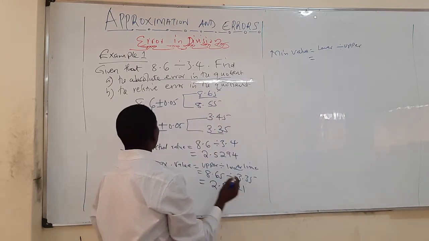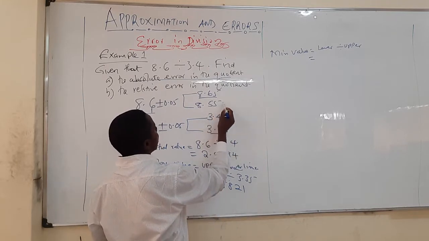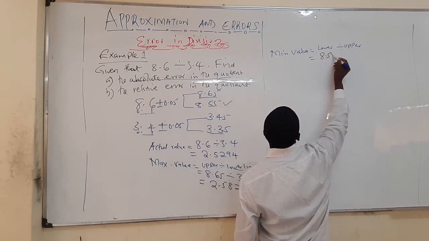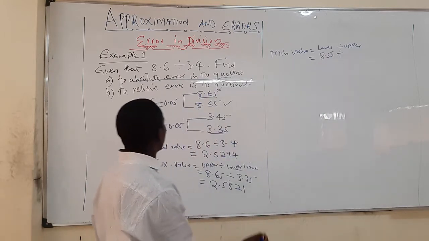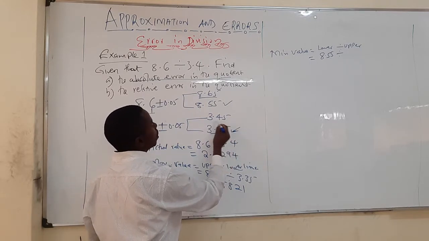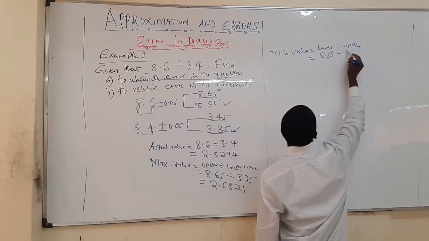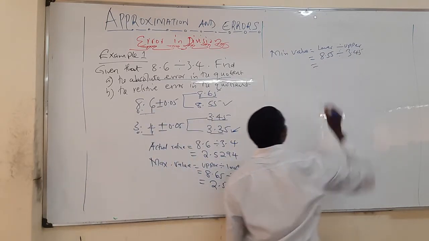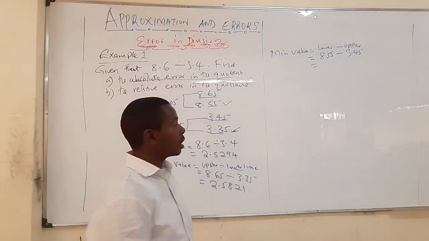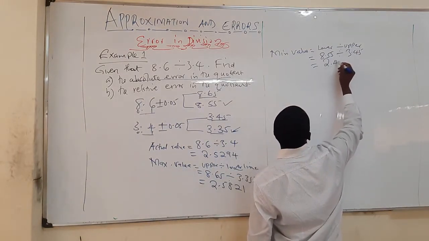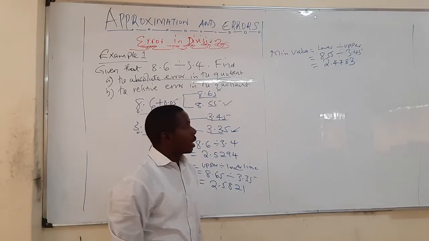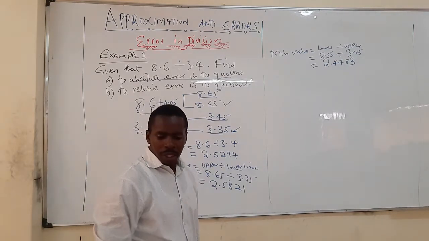So the lower limit is 8.55, and we divide by the upper limit of the second number, which is 3.45. When we divide these two, we get the value as 2.4783. So that is the minimum value of that measure.